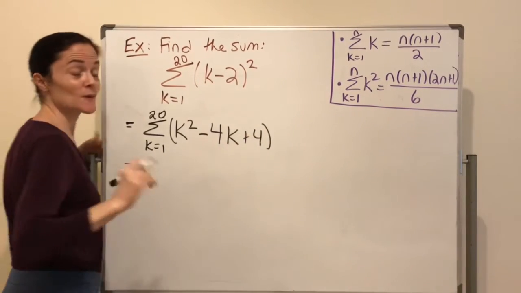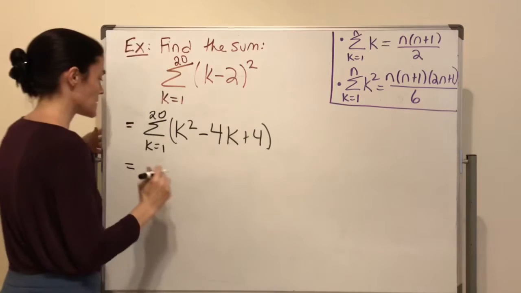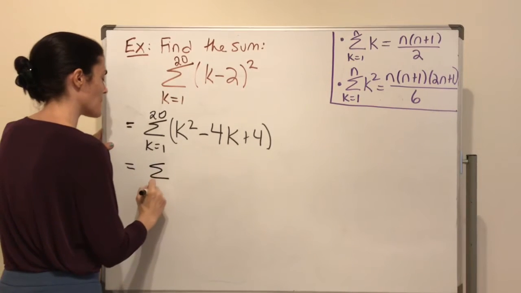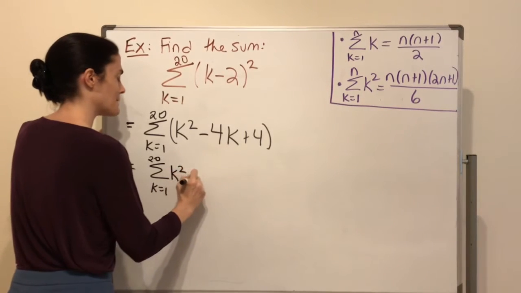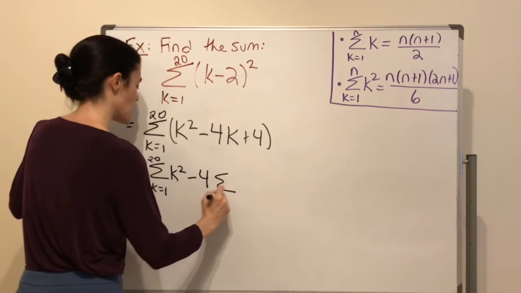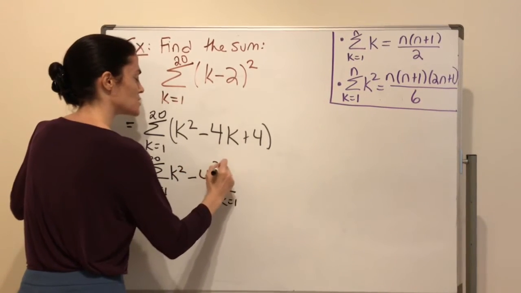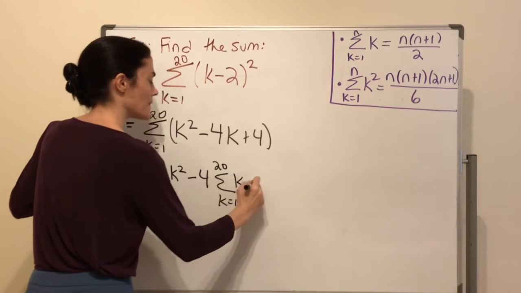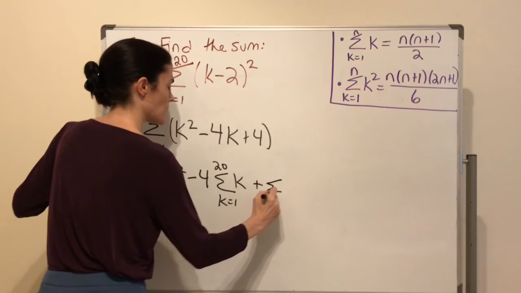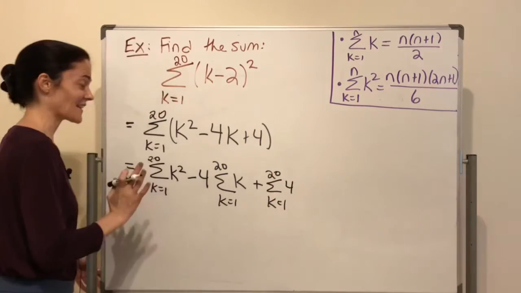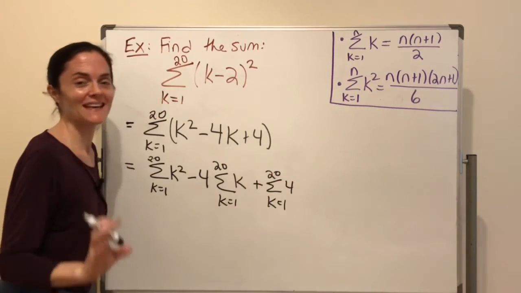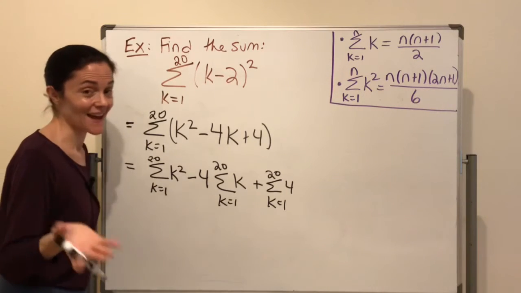And then we use the linearity of the sum. So this will be the sum, k equals 1 to 20 of k squared minus 4 times the sum, k equals 1 to 20 of k, and then plus the sum, k equals 1 to 20 of 4. And each of these we can calculate in and of itself.